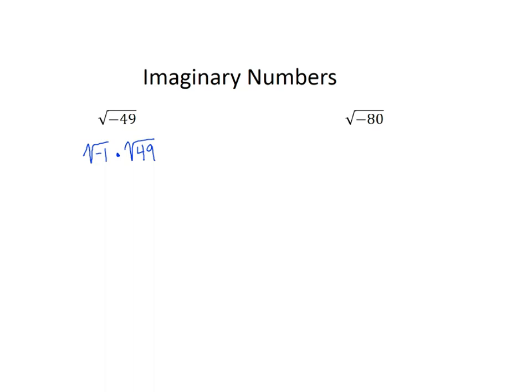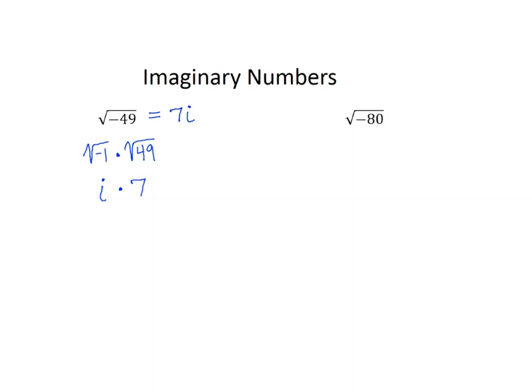So the square root of negative 1 is defined as i, and the square root of 49 is 7. Remember, we're looking at the positive roots. So the way that I would write this would be 7i. So the square root of negative 49 is equal to 7i.